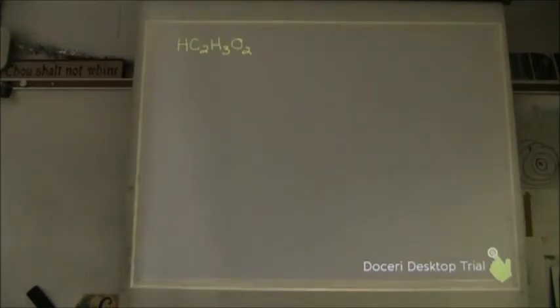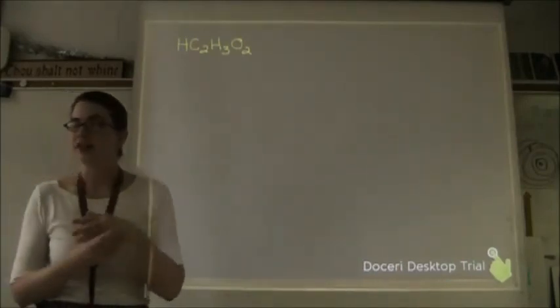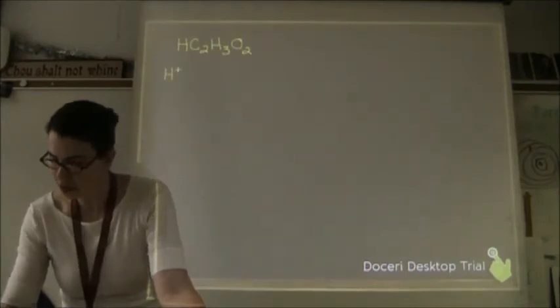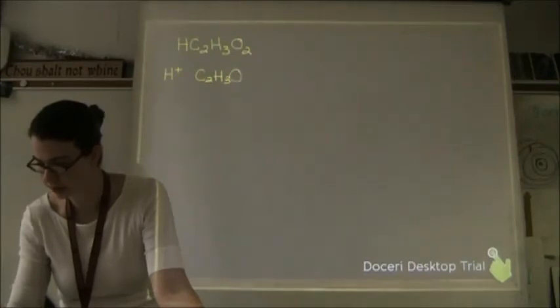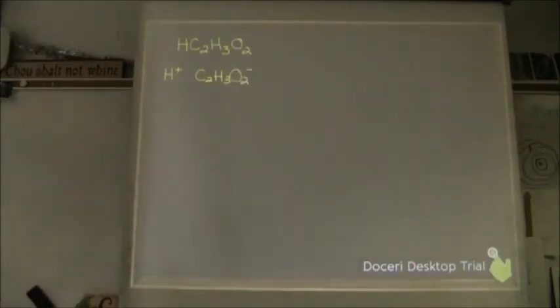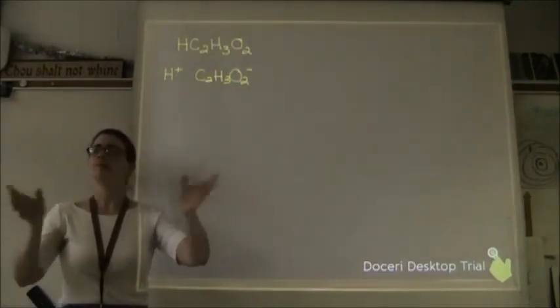Now, can somebody tell me, why do I write it like that instead of writing it like this? Don't write this down. Just watch and learn. Why didn't I write this particular acid split up? Because it's weak, which means it doesn't, what's the word?